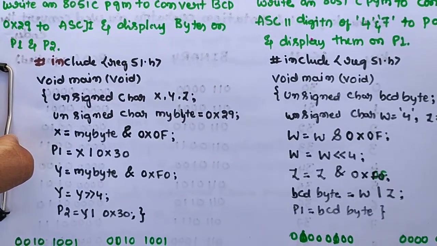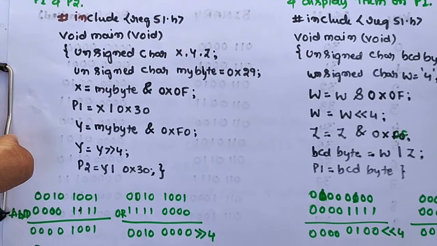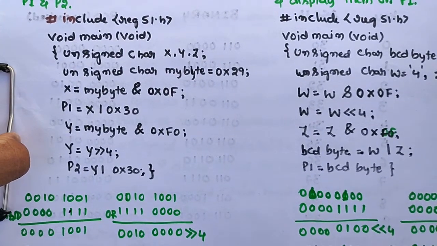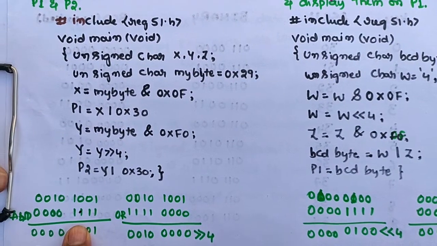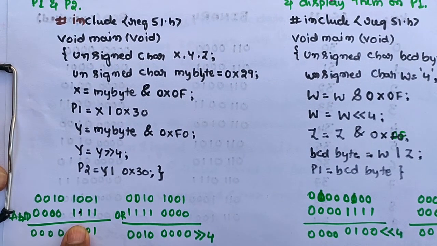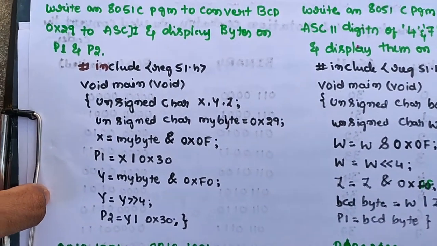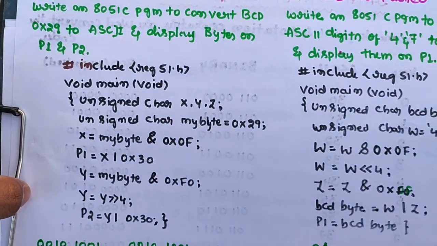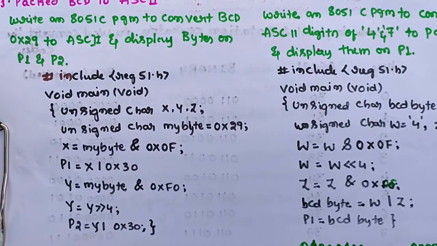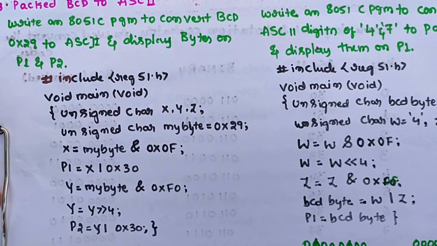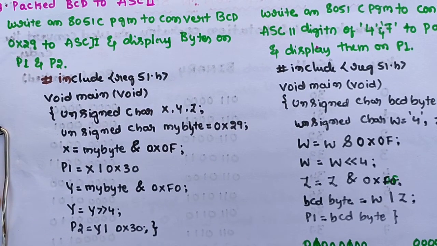Simply I will use the calculation procedure in 8051C. Here is the first program: write an 8051C program to convert the BCD of 29 to ASCII and display the byte on ports P1 and P2.